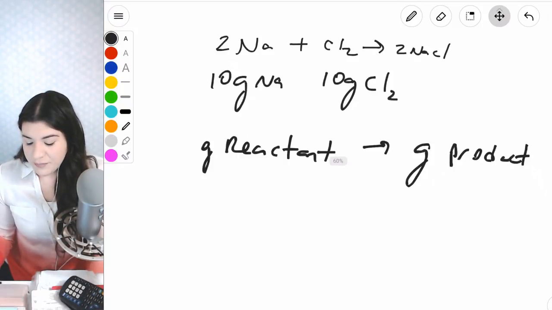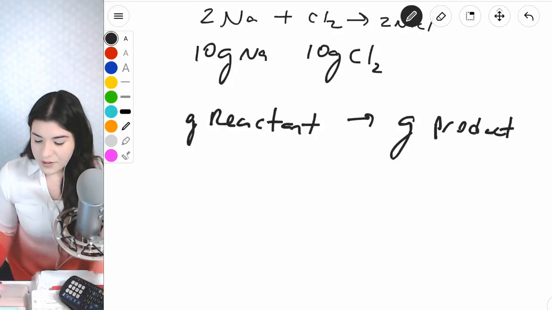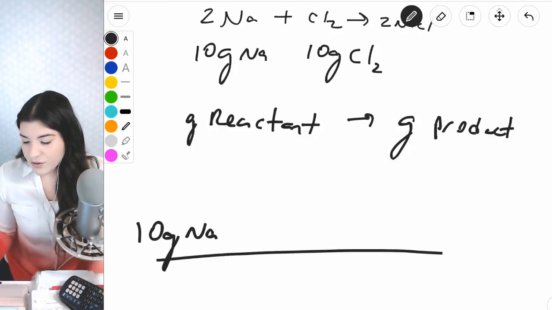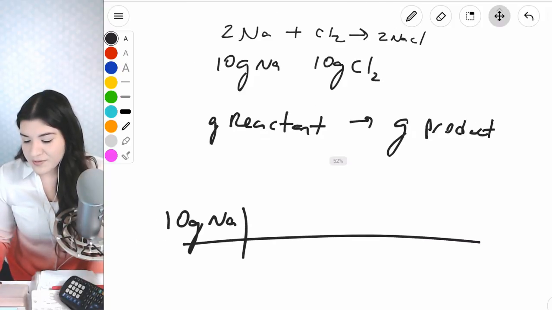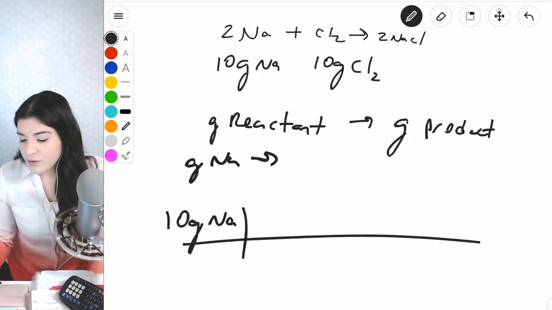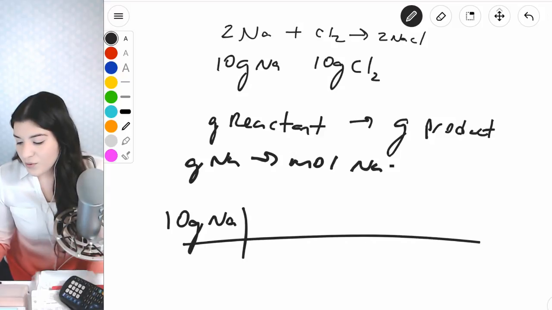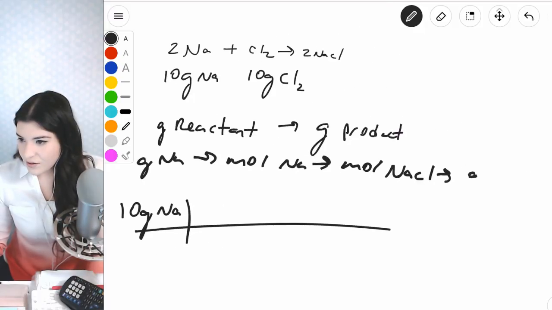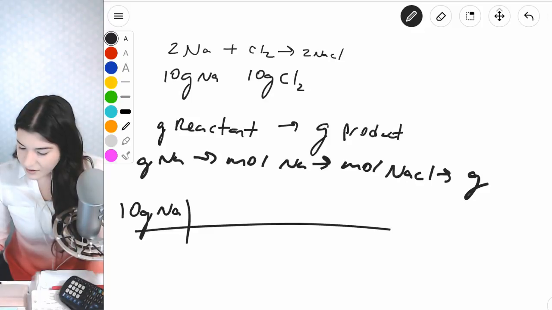Specifically, we'll start off with Na. Let's say 10 grams of Na. I'm going to convert grams of Na to moles of Na, then moles of my product, NaCl, and then lastly grams of NaCl.